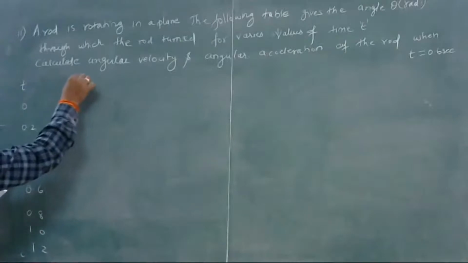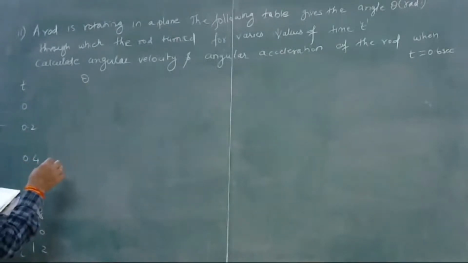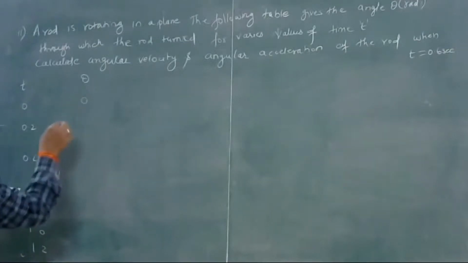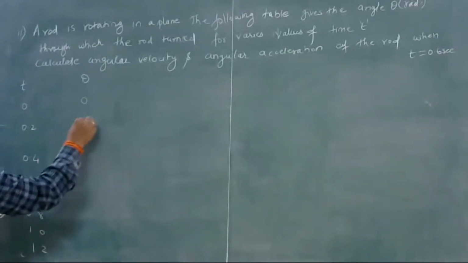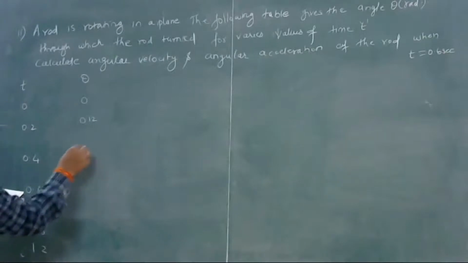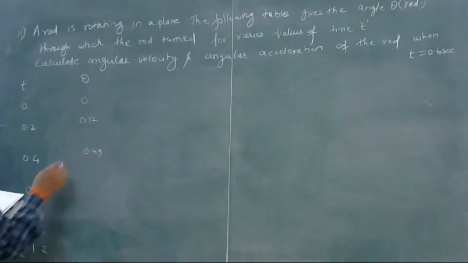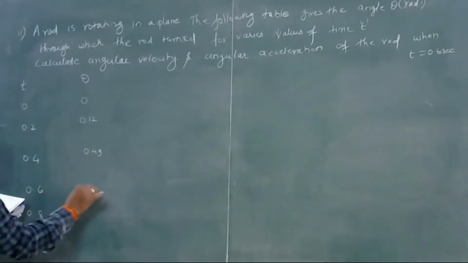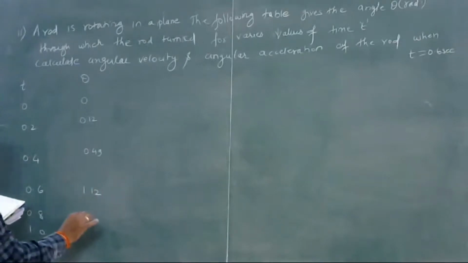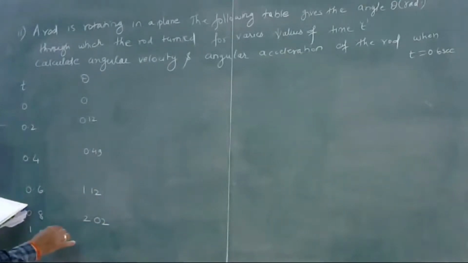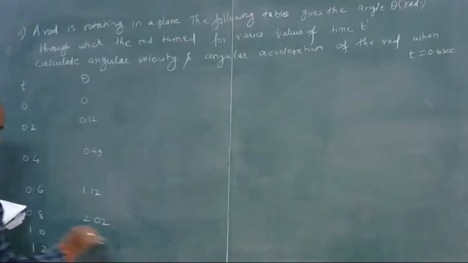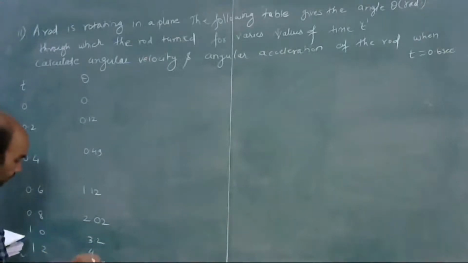And value of theta is given as 0, 0.12, 0.49, 1.12, 2.0, 3.2 and 4.67.